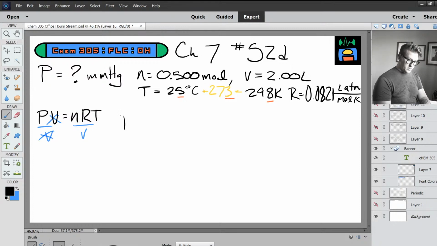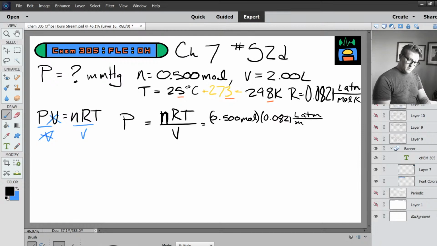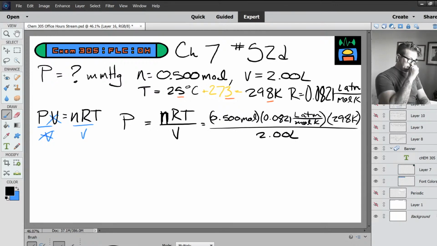And we have pressure is equal to nRT over V. We have 0.500 moles times 0.0821 liter atmospheres per mole Kelvin. Our temperature is 298. And then our volume is 2.00 liters.